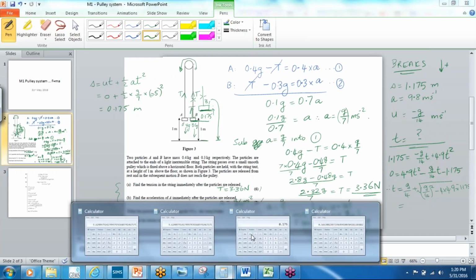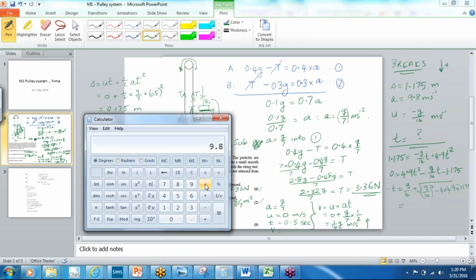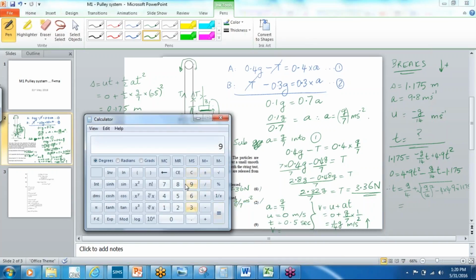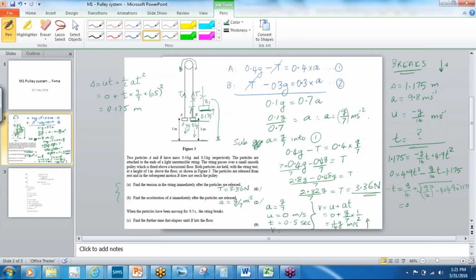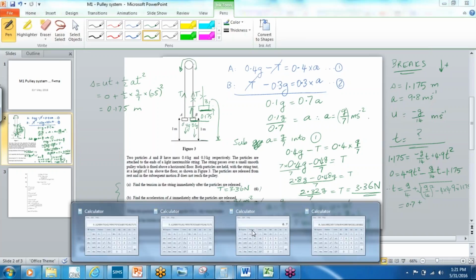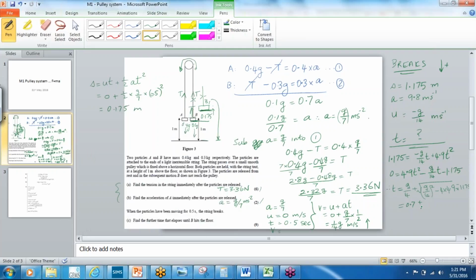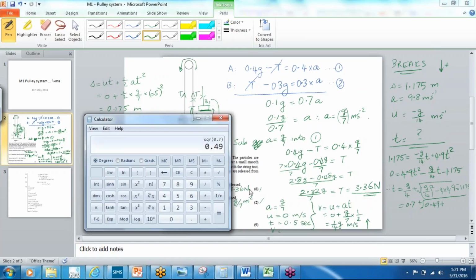Alright, calculator. 9.8 divided by 14 equals 0.7. 9.8 divided by 14, square that, two negatives make a plus, 4 times a times 1.175.